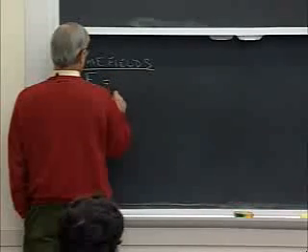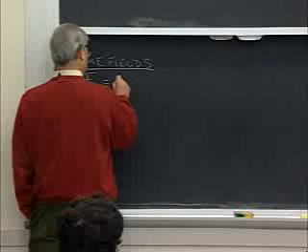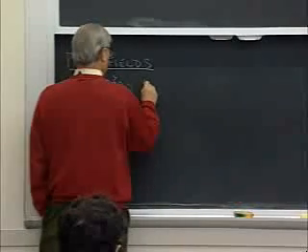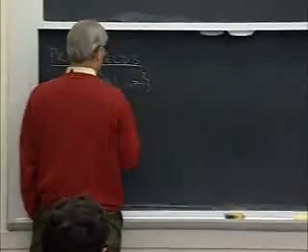So what are the elements of this field going to be? They're simply going to be 0, 1, up through P minus 1 again.